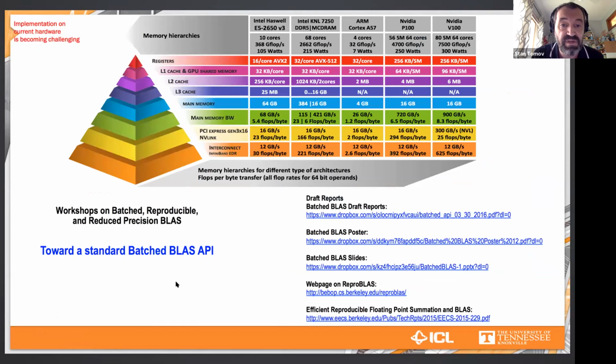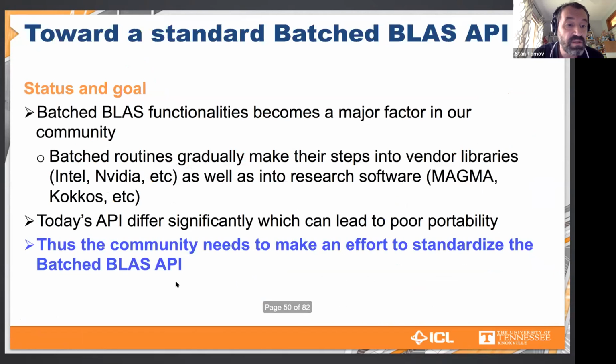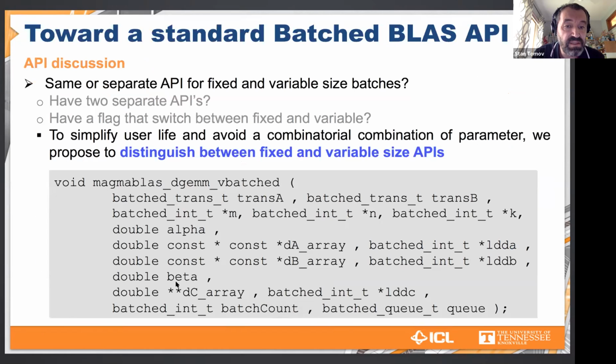This is also with vendors and other people from the community. And these are more on the goals for that. This is just one illustration of how the APIs would look for batch routines, including if it is variable size. So again, trying to follow the LAPACK standards plus adding some pointers here and there when we want to deal with multiple matrices.